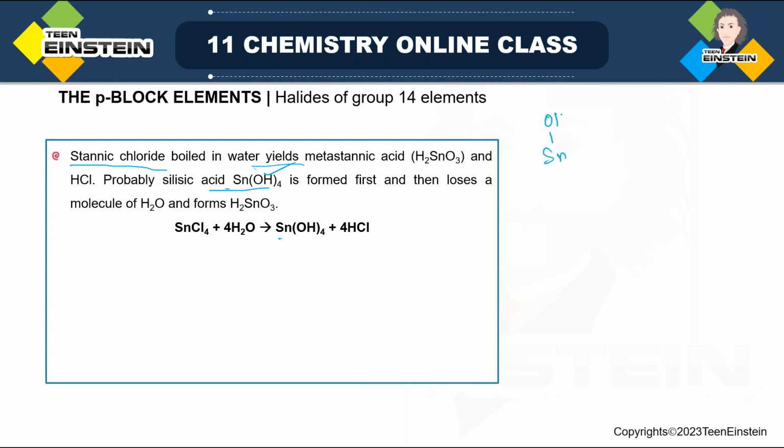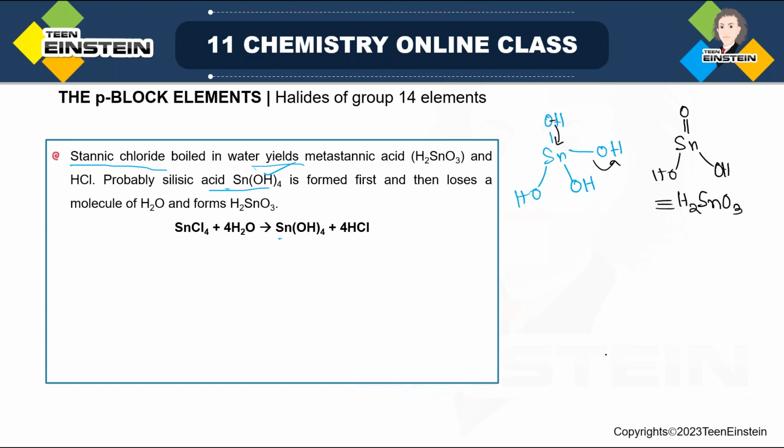Now if I write Sn(OH)4 like this, what will happen? One of the OH bonds I am breaking and another OH is removed like this, then we are left with this type of structure, which is nothing but H2SnO3, same structure, right?